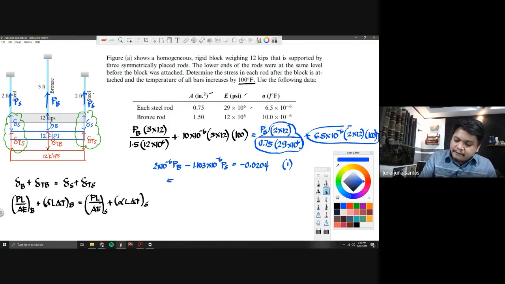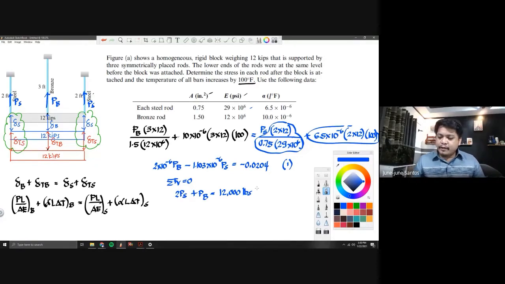So if I'm going to have it summation of forces vertical equal to 0, I could say, okay, that 2PS plus PB is equal to around 12 kips. Okay? So gawin na natin 12,000 kasi naka-pounds naman siya. So this would be your equation 2.